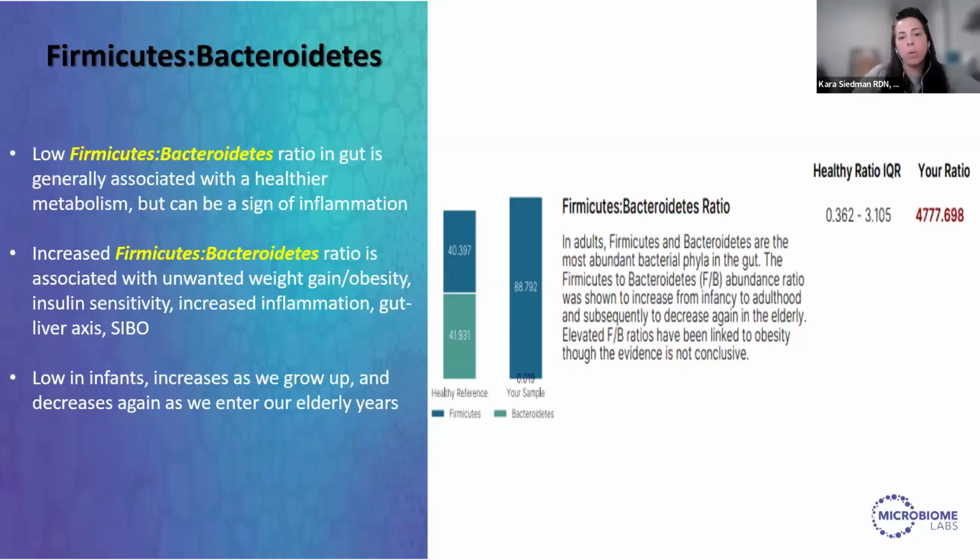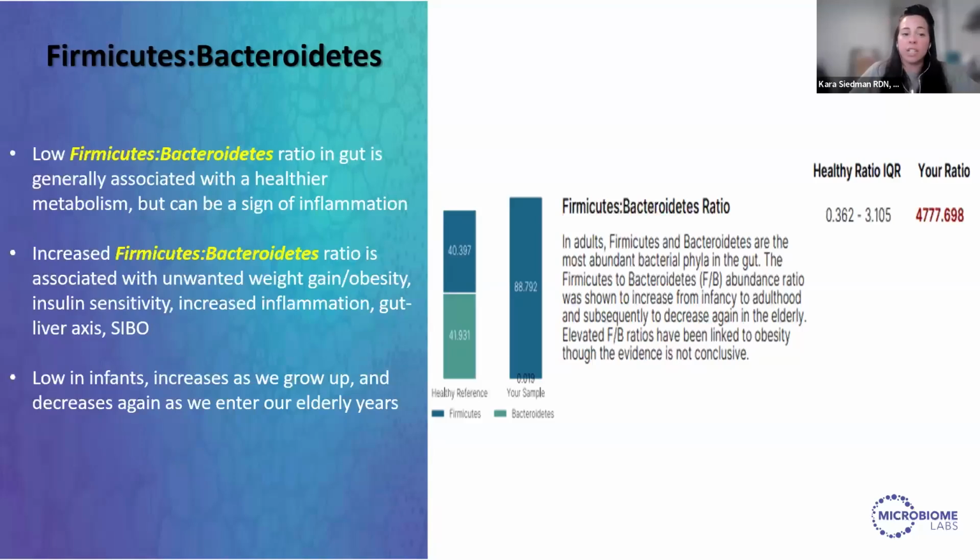And we know that a low ratio is often more associated with a healthier metabolism. But when that ratio is too low, it can also be a sign of inflammation. It can be a reflection back on who's not there. Maybe we aren't feeding appropriately. So again, giving us those clues into who isn't in the microbiome that we potentially want, and how we are potentially feeding them or not feeding them. We'll talk more about that.